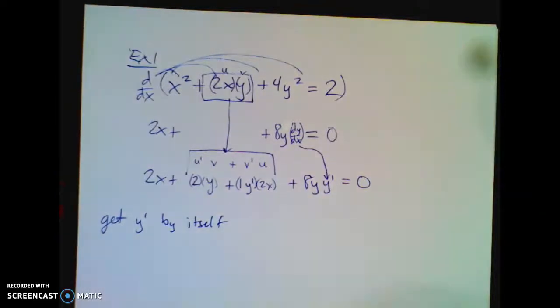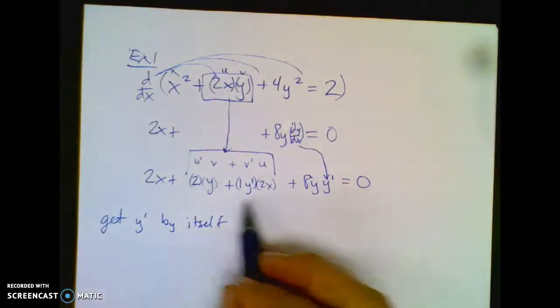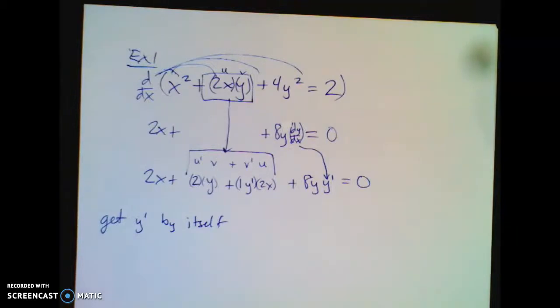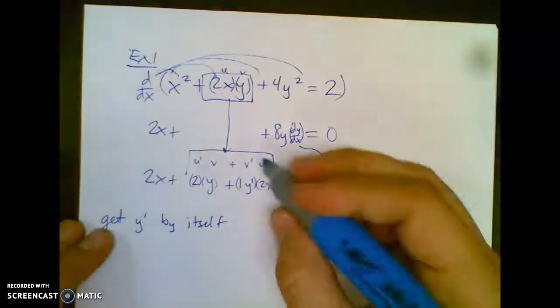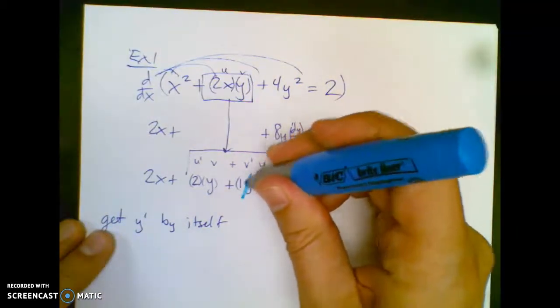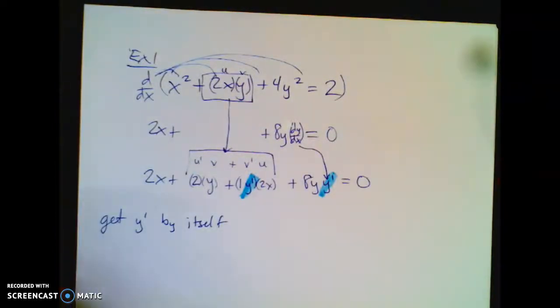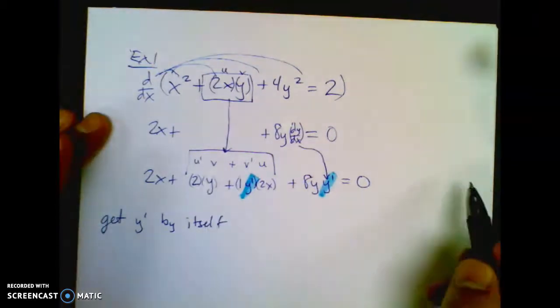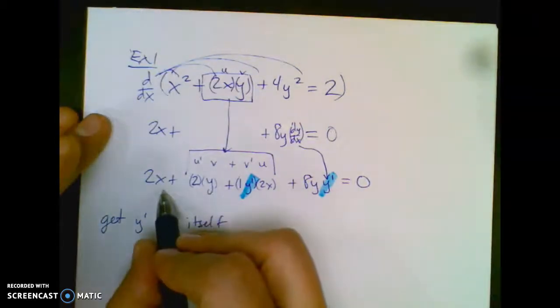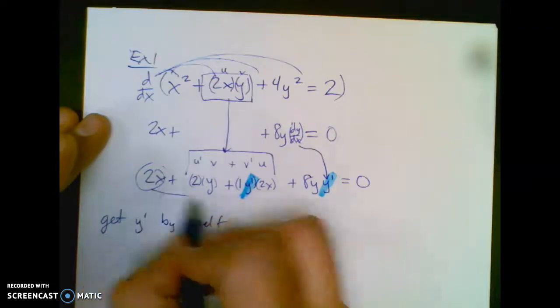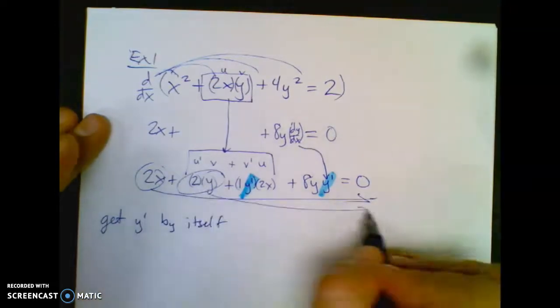Okay, so my first goal is I look in here and I scan for any y primes that I see. Now I see two of them. There's a y prime, there's a y prime. Anything that does not have a y prime in it needs to get over to the other side.